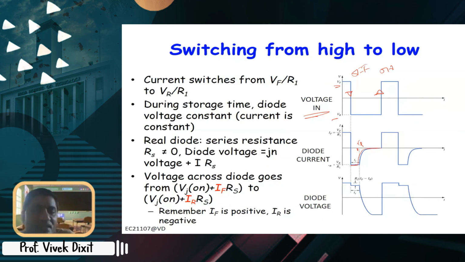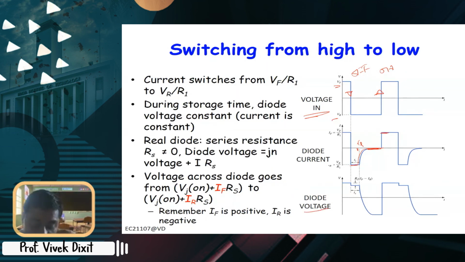They will not appear at lower frequencies. That's why you don't see them in your lab. But if you operate at a few hundreds of megahertz, you can observe them. Then during the turn on, the diode current changes directly from reverse saturation current to forward current.